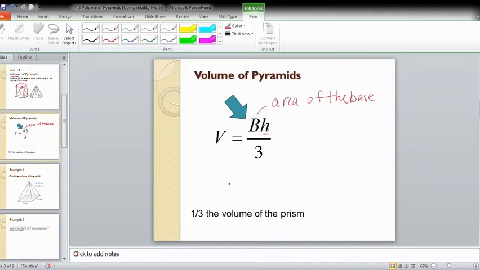Or it's 1/3 of the volume of a prism, because remember, the volume of a prism was big B, area of the base, times height. And so when we do 1/3, we get the pyramid. Or divided by 3, because we know we don't like fractions. So area of the base, big B, times the height, all divided by 3. So that's what we're going to work on today.